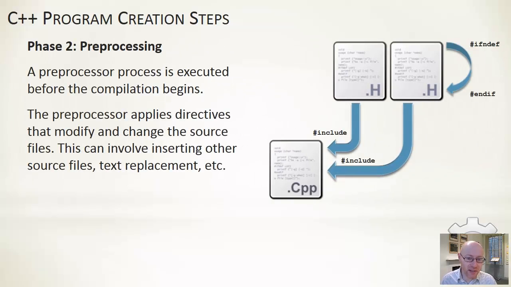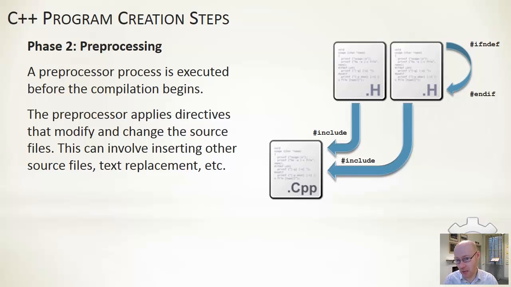The second phase, the real start of the full compilation process, is a pre-processing stage. This happens before compilation proper begins. Effectively, there is a preprocessor that searches through your .h header files and your CPP files, looking for preprocessor directives. Normally these are things that begin with a hash, for example hash include, hash ifndef, and so on.